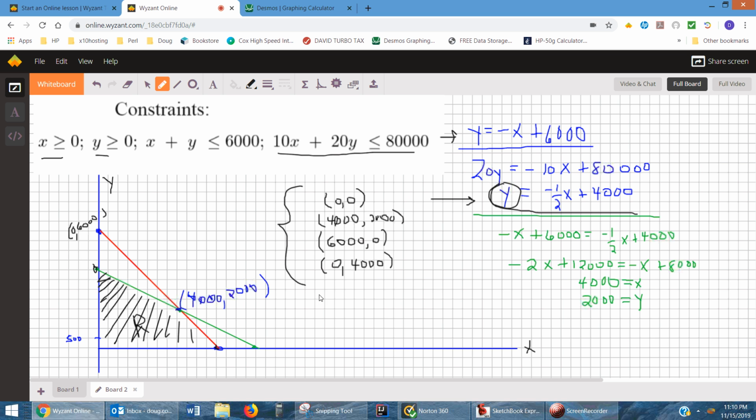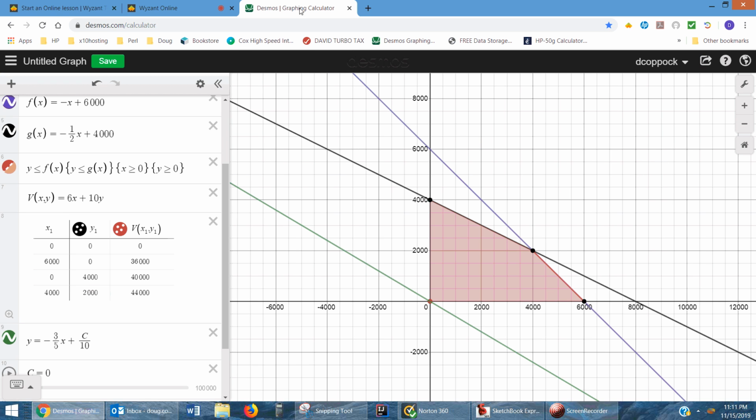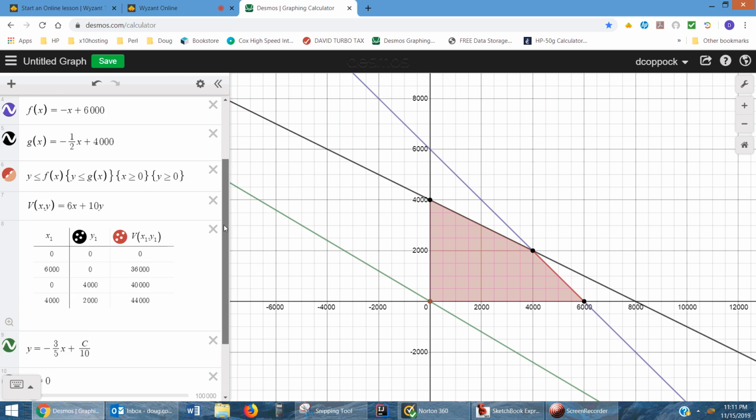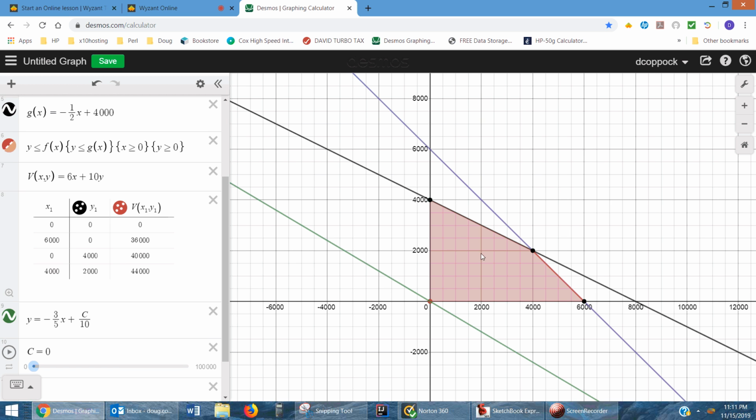Okay, so you could picture plugging these points into the objective function, but I'm going to go to Desmos and show you what it looks like. So there is the region right here that we talked about. There are the 4 vertices, and I made up this function. The number of victims, depending on x and y, is 6x plus 10y.